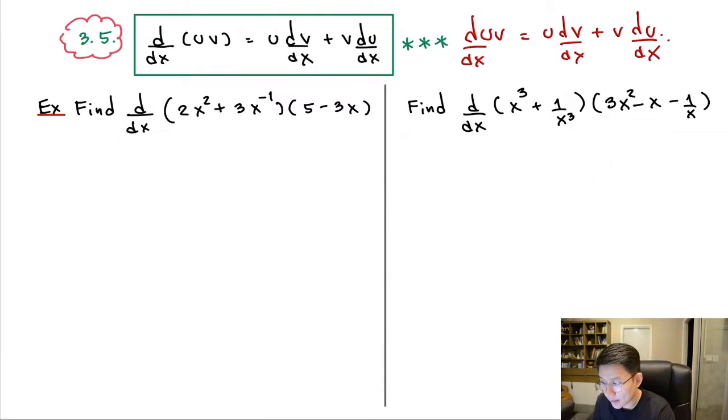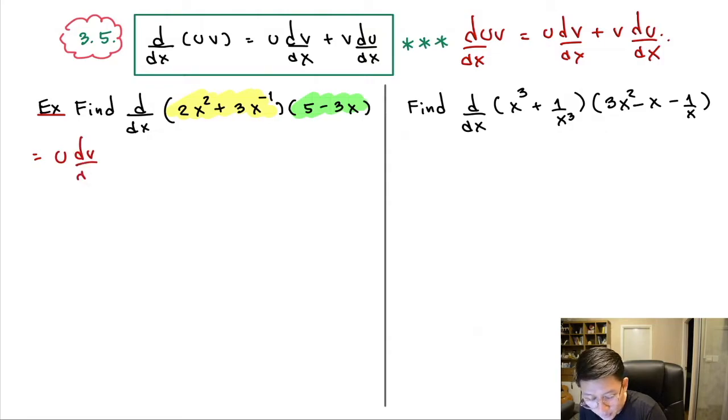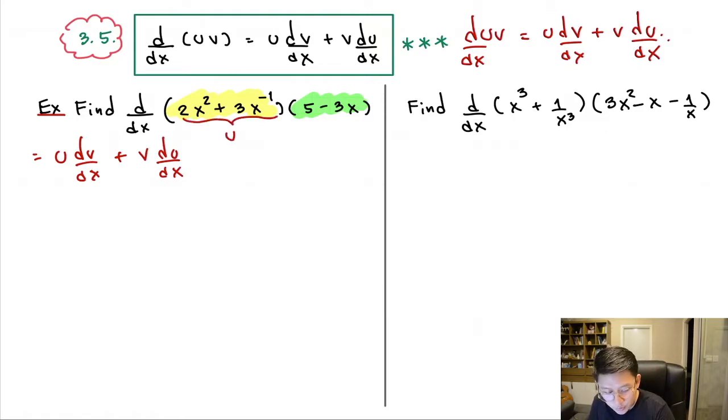So I'll look at these as u and v. So derivative of uv is u dv plus v du, right? When we say this is u and this is v. Okay, so u dv would be 2x squared plus 3x to the power of minus 1.